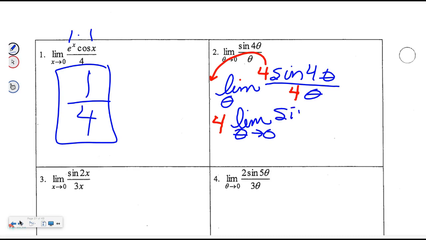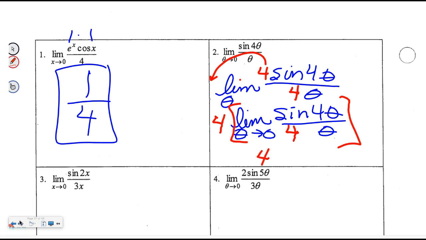I'll have the sine of the 4 theta over the theta, and then boom. This 4 over that 4 is 1. What did we say this is? No matter what, sine of some stuff over the same stuff's limit. That's 1. So this is the work you would need to show me if it's not multiple choice. But if it's multiple choice, what are you going to do? Circle 4, unless you're not confident.